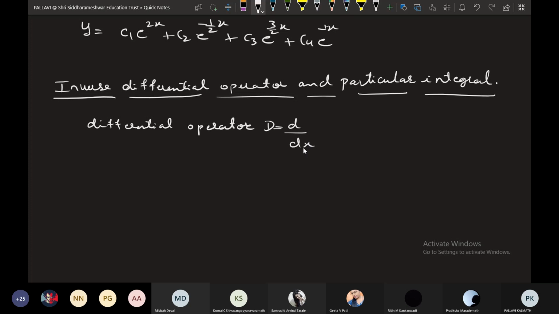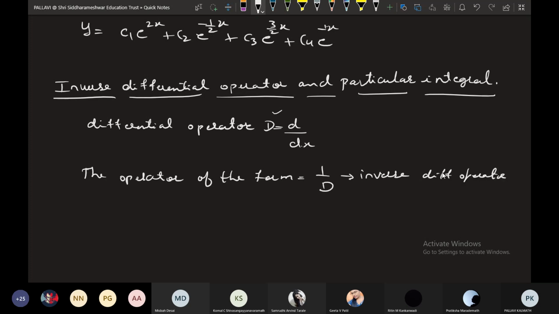Now, the operator of the inverse type: can you guess what would be the inverse of this D? I am saying D, so it will be 1 by D. The operator of the form 1 by D is known as the inverse differential operator.